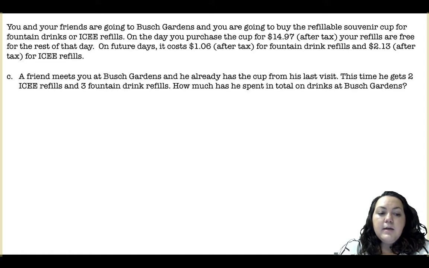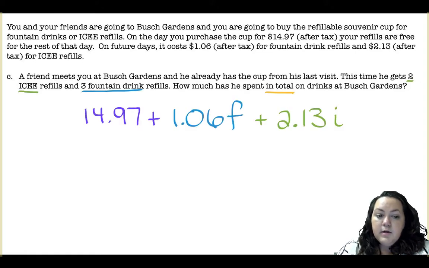All right, part C. A friend meets you at Busch Gardens, and he already has the cup from his last visit. This time, he gets 2 icy refills and 3 fountain drink refills. How much has he spent on drinks at Busch Gardens total? Okay, so again, here's our equation. It's going to be the same equation for him because he bought the same cup and he's getting the same kinds of refills.